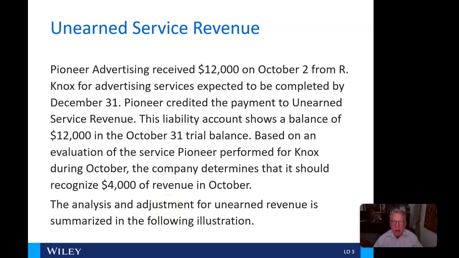Now, based on the evaluation of the service Pioneer performed for Knox during October, the company determines that it should recognize 4,000 of the 12,000. So the logic would be October would be 4,000, November would be 4,000, December would be 4,000, and we would recognize that revenue in those respective months.